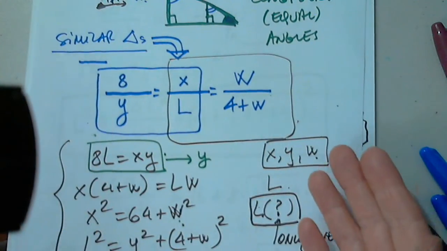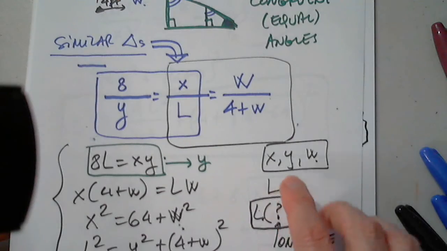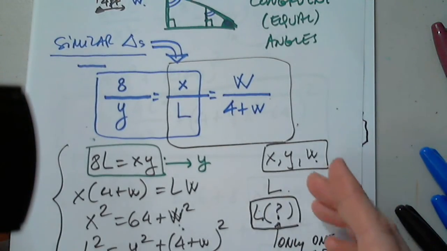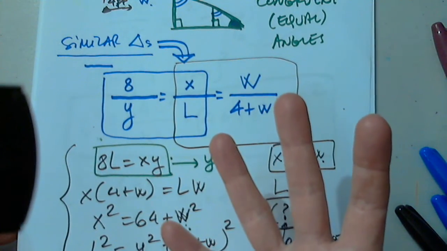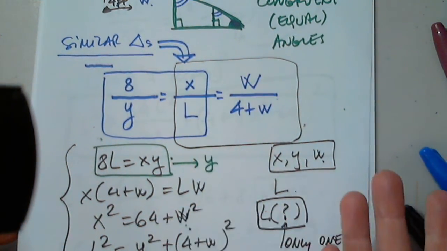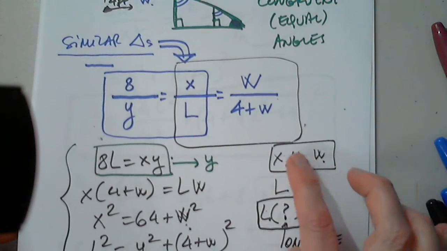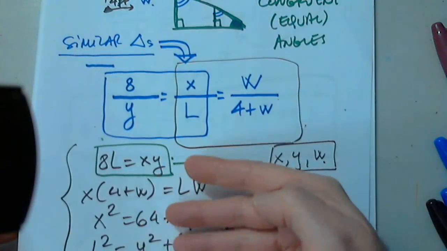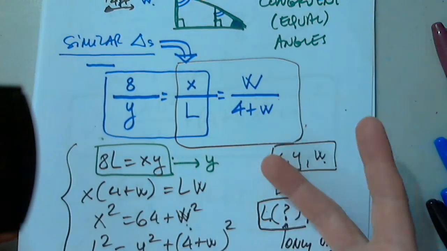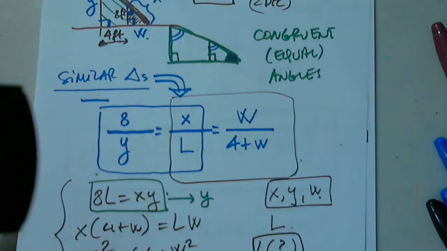In order to solve, I really need 4 equations. If I don't have 4 equations, I will not be able to solve, because I have 4 variables, 4 unknowns. So that's why I needed 4 equations. If I have 2 unknowns, I need 2 equations. If I have 3 unknowns, I need 3 equations.